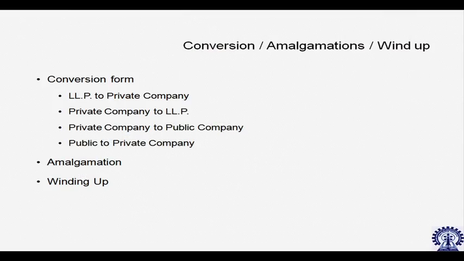Similarly, a private company can be converted into a public company, and a public company can be converted into a private company, and these conversions are governed under the Companies Act itself, and there is a clear provision provided relating to this.